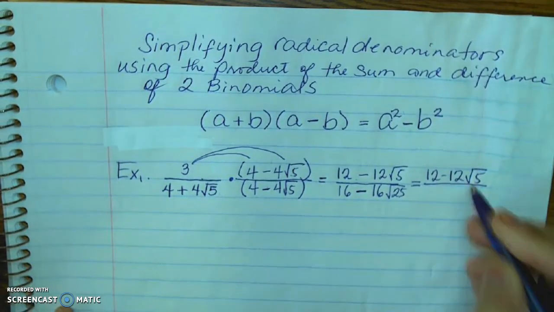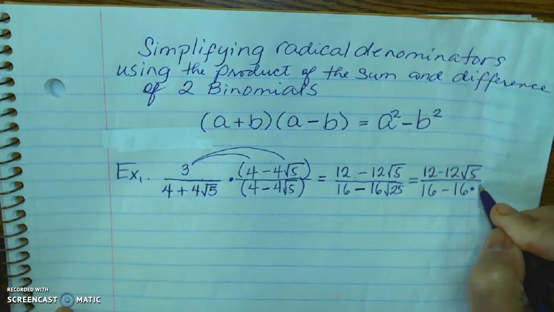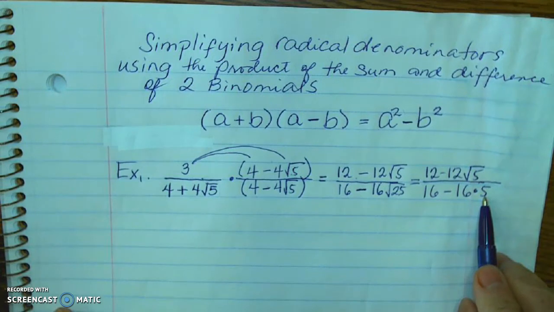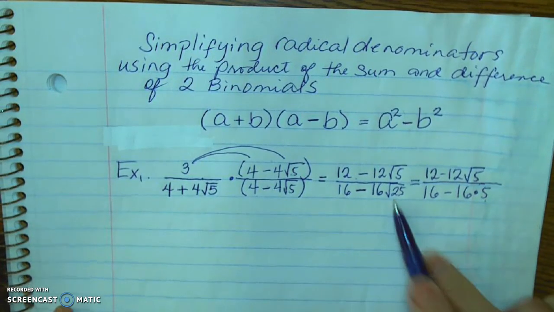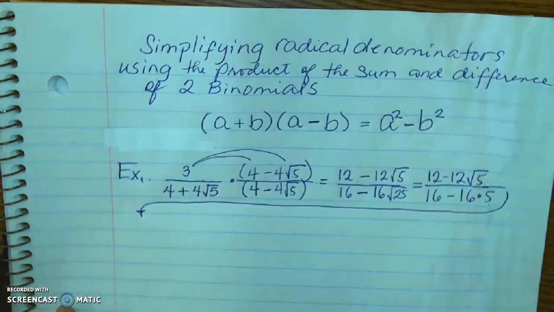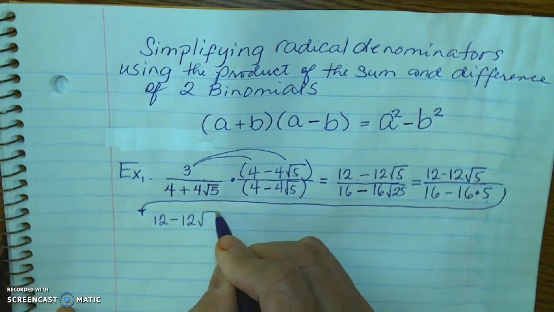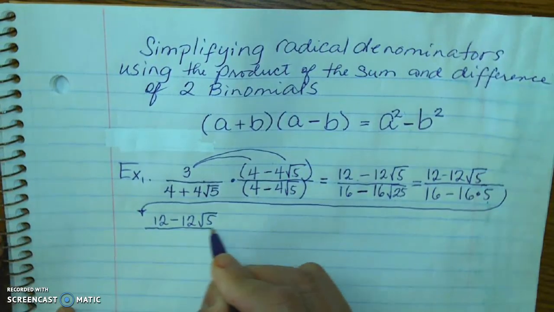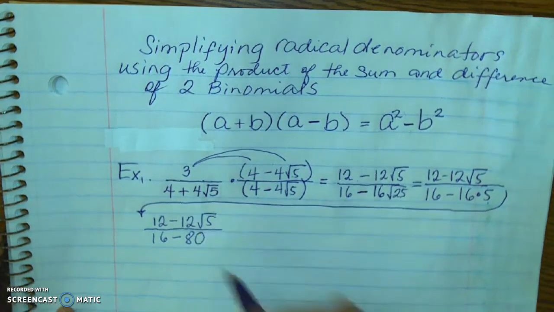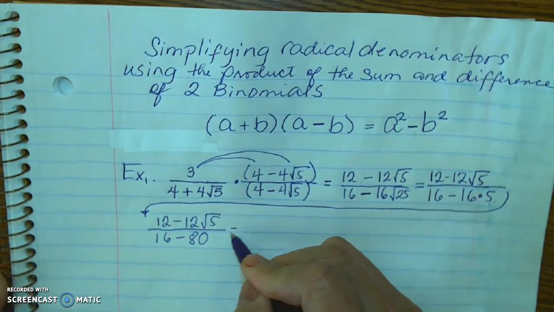My denominator would now look like this, 16 minus 16 times 5. Where did we get the 5 from? We got it from the square root of 25. So here it would look like 12 minus 12 square root of 5 all over 16 minus 80. Where did we get the 80 from? 16 times 5. Let us simplify.